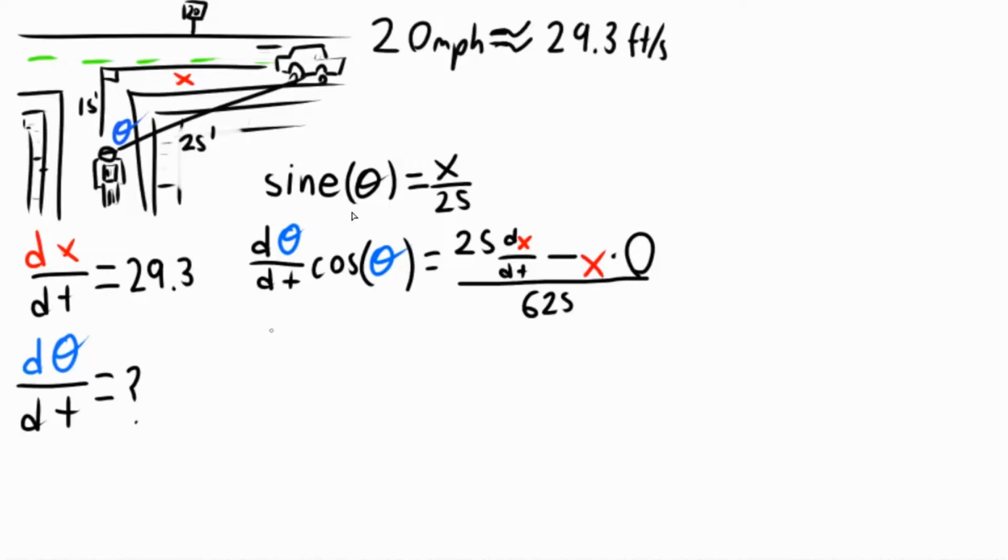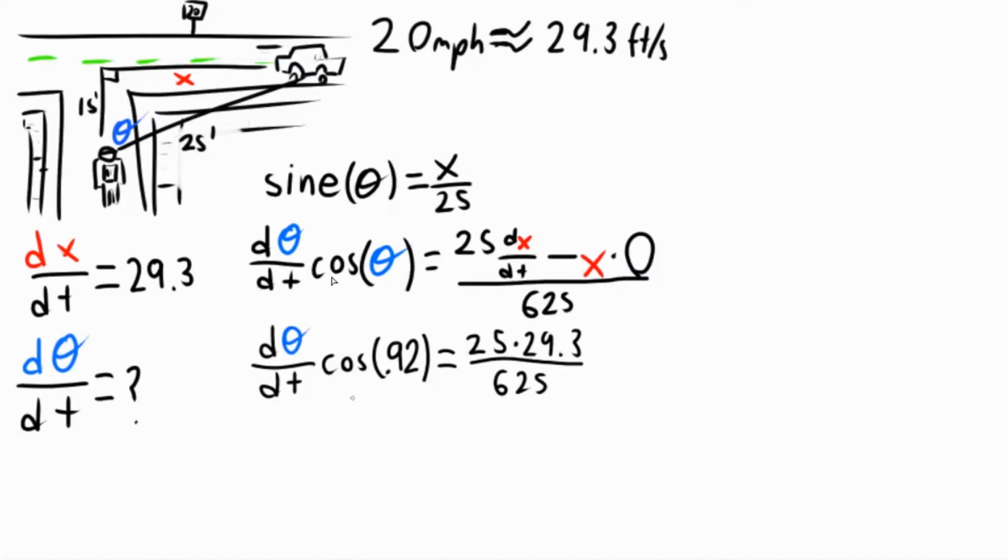By solving further, the equation becomes dθ/dt times cosine of 0.92, which is theta, equals 25 times 29.3, substituting dx/dt with the actual number we found before, all over 625.